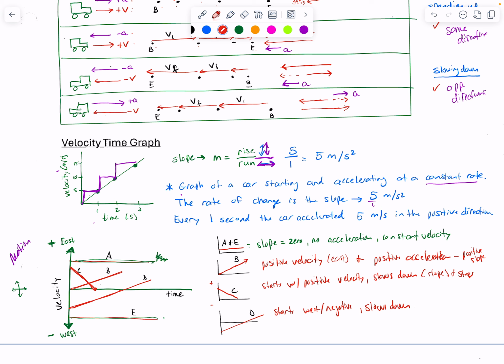And then for a moment, for an instant, it has no velocity at all. We can say that because at this point right here, when it hits the middle point, it's not going east or west. And so for a moment, it doesn't have any velocity. And then it increases its speed and moves east, or positive.